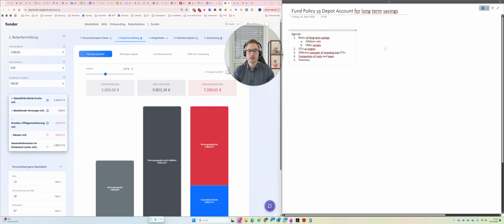Now we're talking about what an ETF is as an engine. Normally, if you're watching this video, you should already be familiar with how an ETF works. What is it exactly? We're using some kind of average MSCI World here for the calculations, because we want to explore more the pros and cons of each concept and not mix things up with performances.